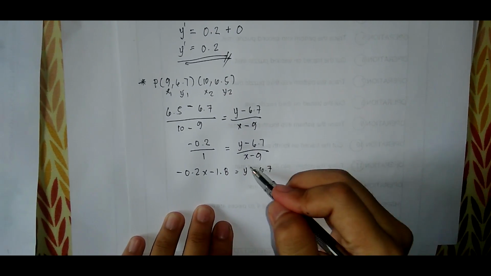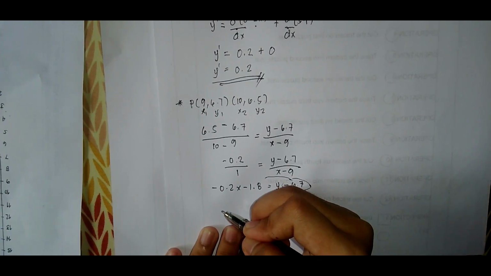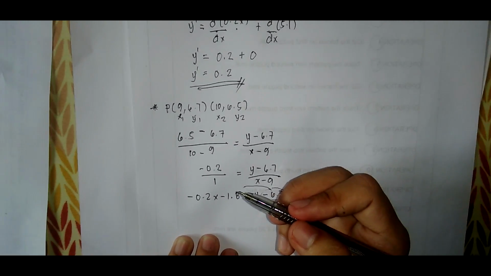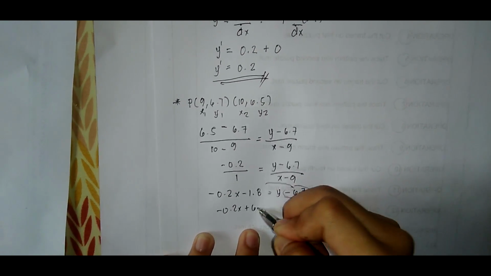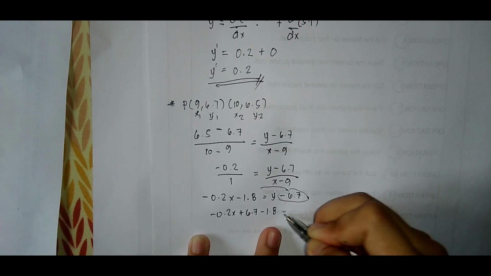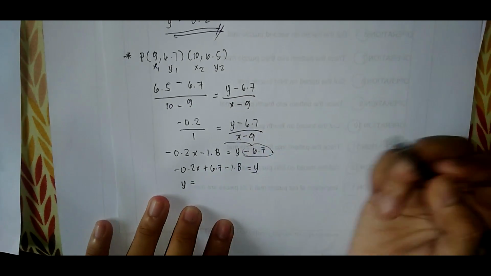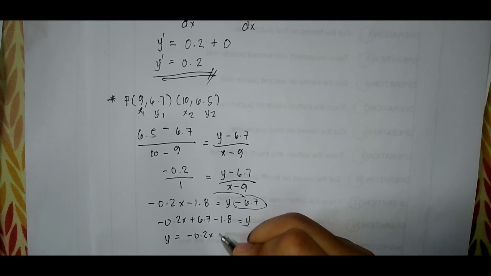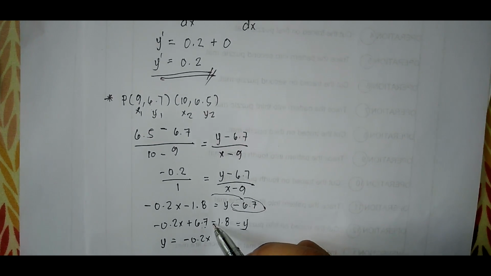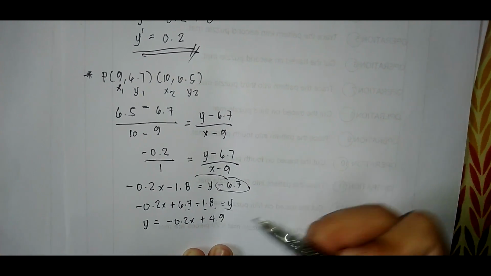Then transpose negative 6.7 to the other side. So, we will have negative 0.2x plus 6.7 minus 1.8 is equal to y. Then y is equal to negative 0.2x plus 4.9.